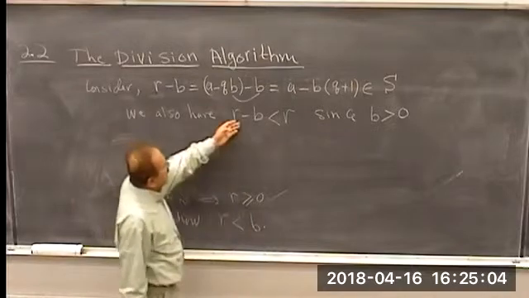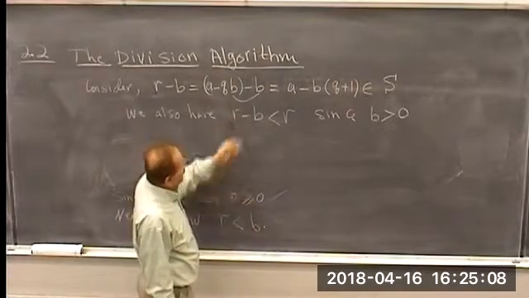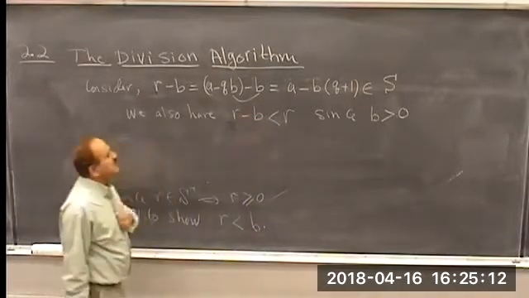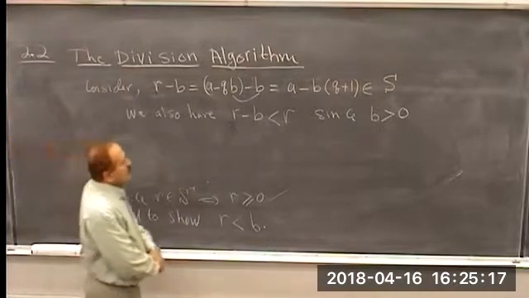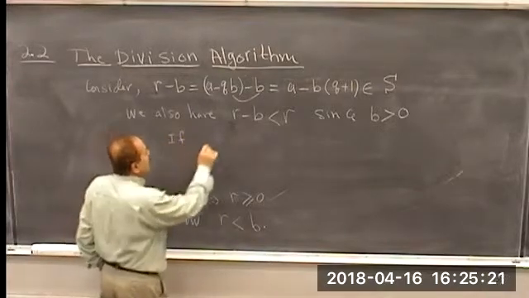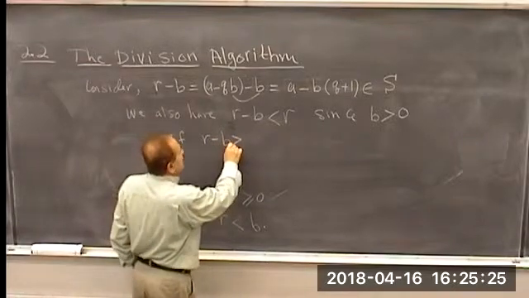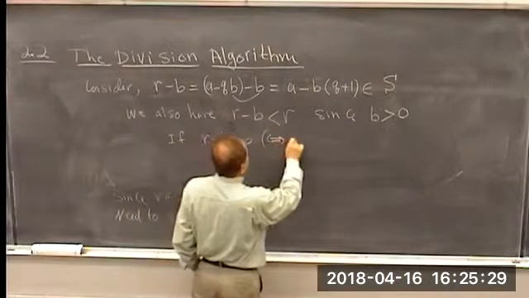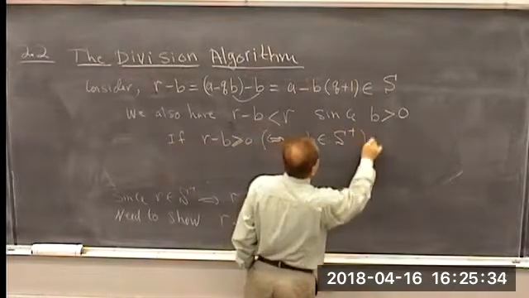If you subtract from an integer, and remember R is also bigger than or equal to 0, a positive number, you actually reduce its value. Now, if this R minus B is bigger than or equal to 0, equivalently meaning R minus B is in S plus, we have a contradiction.